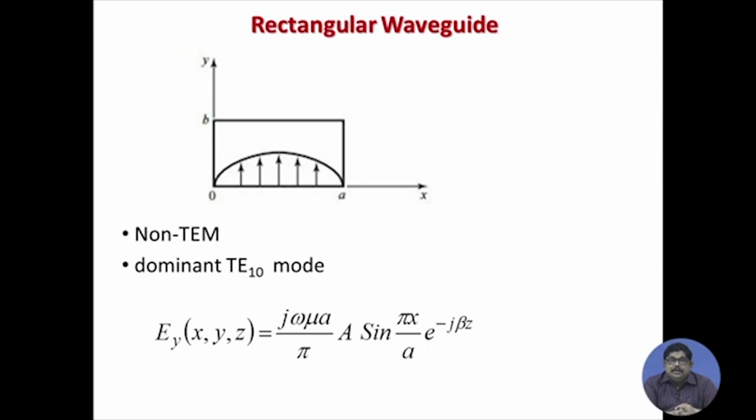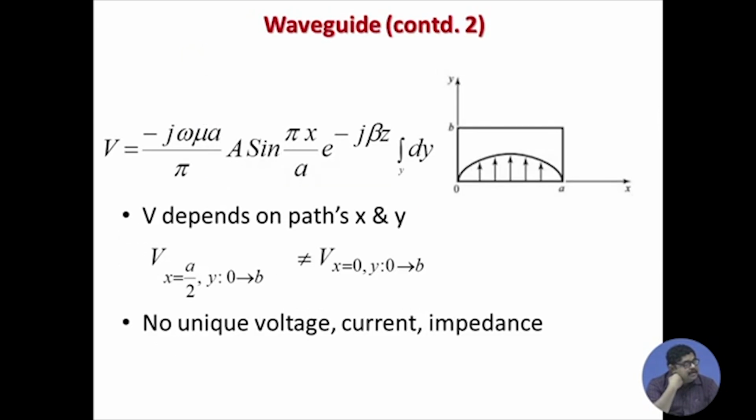The expression is given, the variation is along x, the variation is shown in the figure, and it is a sinusoidal variation. The wave is propagating in the positive z direction. Now, from that, if we take voltage equal to the line integral of this, we come across the expression shown here.